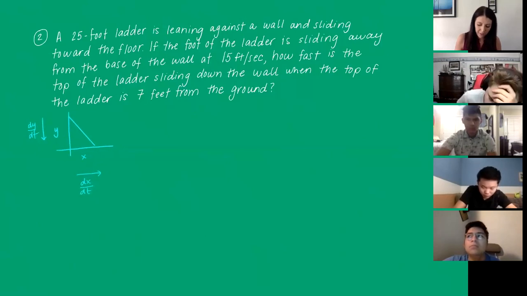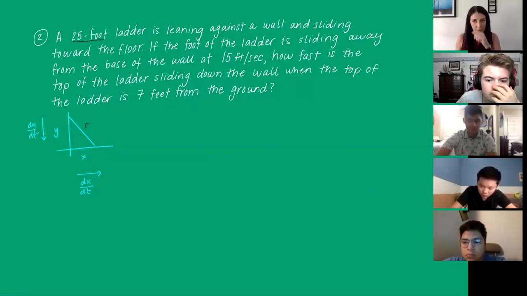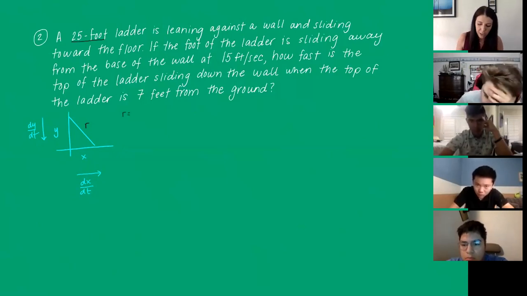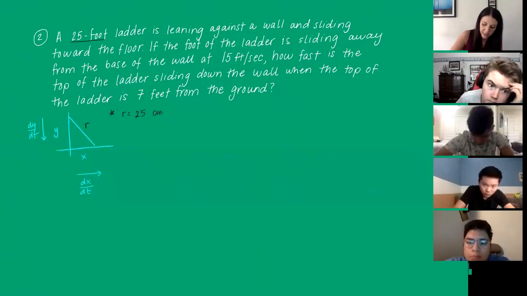So I have information about the length of the ladder. It says it's a 25-foot ladder. I'm gonna call this side my R. You could call it something else if you want, but for us to be consistent right now, let's just use the variable R so we're on the same page, okay? And R is one of my given information, and that's 25 feet. And I would put a star next to this and write the word constant.